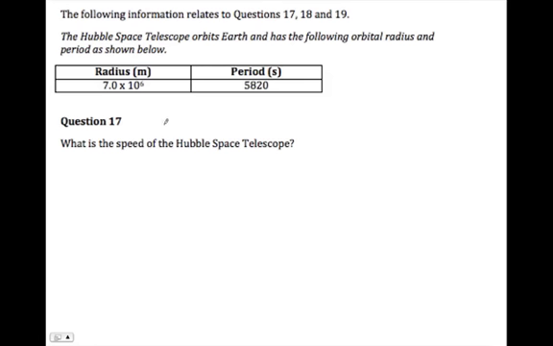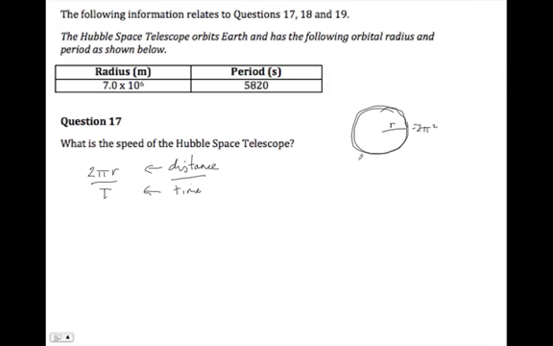Following question, okay, now we're getting on to our orbits. And this one, what's the speed of the Hubble Space Telescope? Okay, speed, orbital radius. So what we're going to use is 2 pi r over period. All this is the distance around the outside of a circle. So if this is r, this distance around there is equal to 2 pi r.